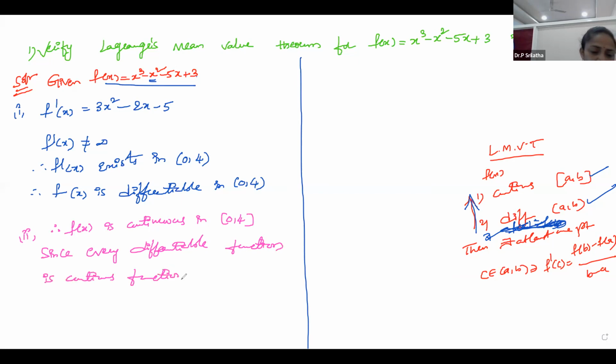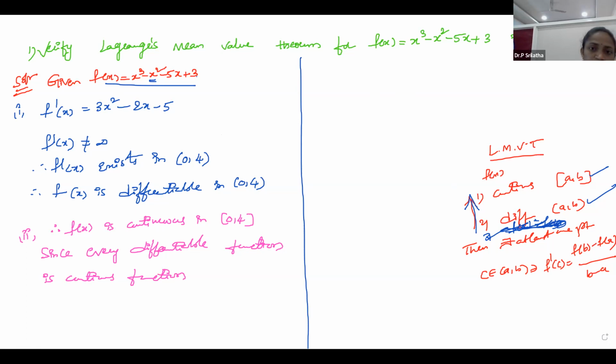So if it is differentiable, then we can write that it is continuous. If it is not differentiable, there is no need to check whether it is continuous or not. Directly we can write that the given condition is not satisfied, so Lagrange's mean value theorem is not applicable for the function. You have to mention which function it is.